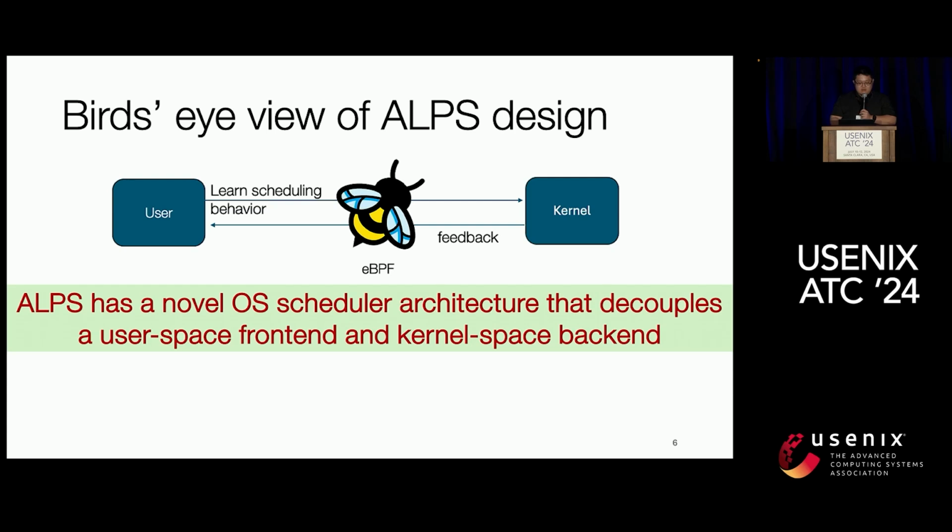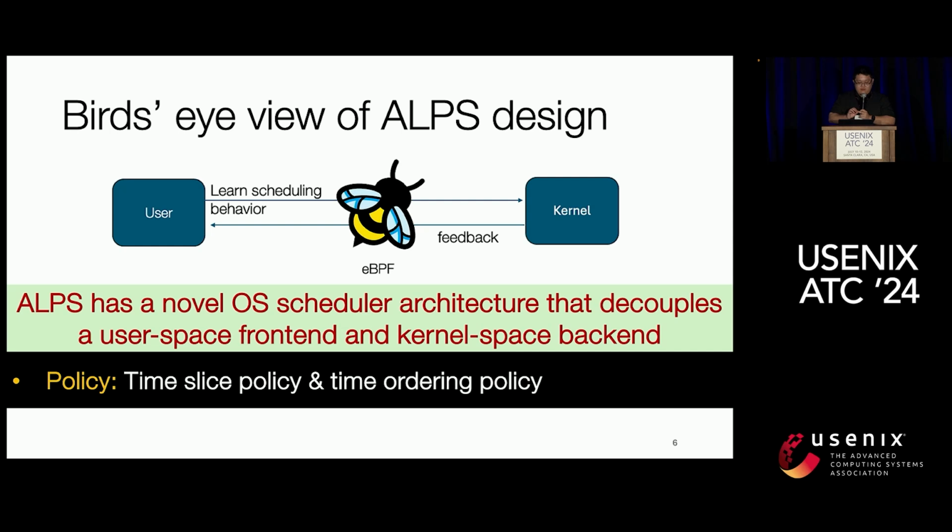As a summary, ALPS proposes a novel OS scheduler architecture that decouples the user space front end and the kernel space back end. From the policy perspective, we propose two types of scheduling policy: time slice policy and task ordering policy.